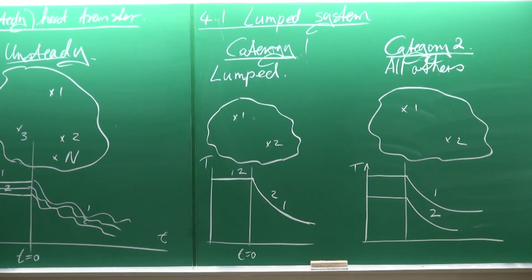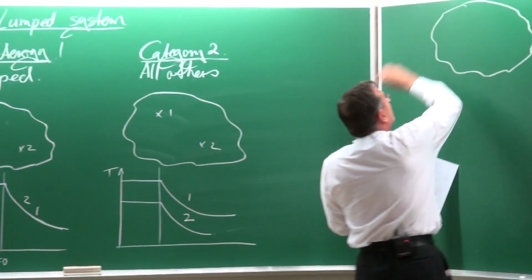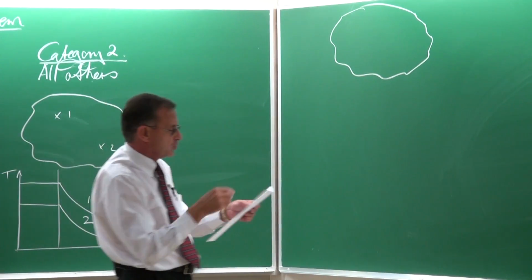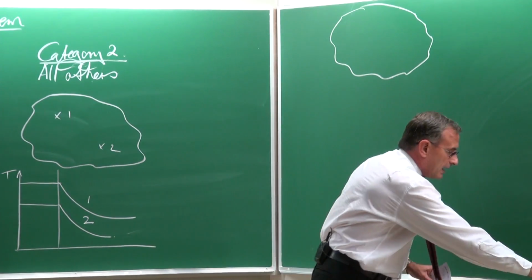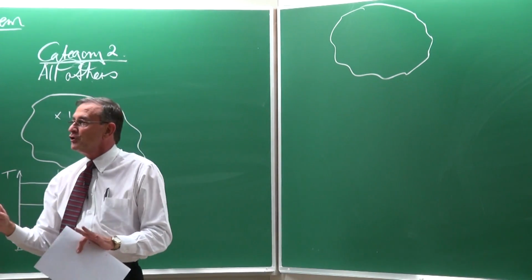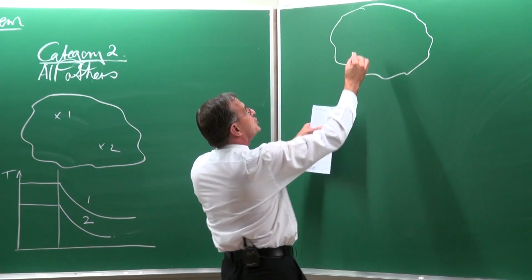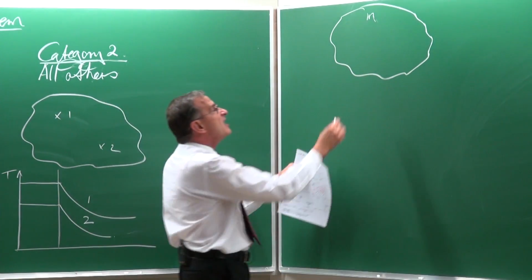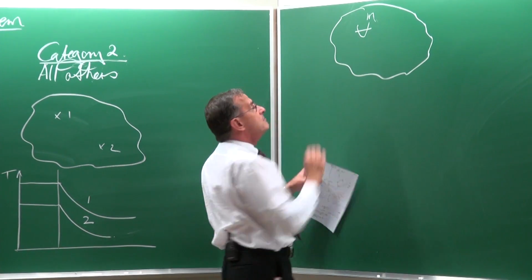And let's start with the derivation of the equation that we can use for the lumped system approach. The derivation consists firstly of considering any arbitrary body with a certain mass m, with a certain volume.